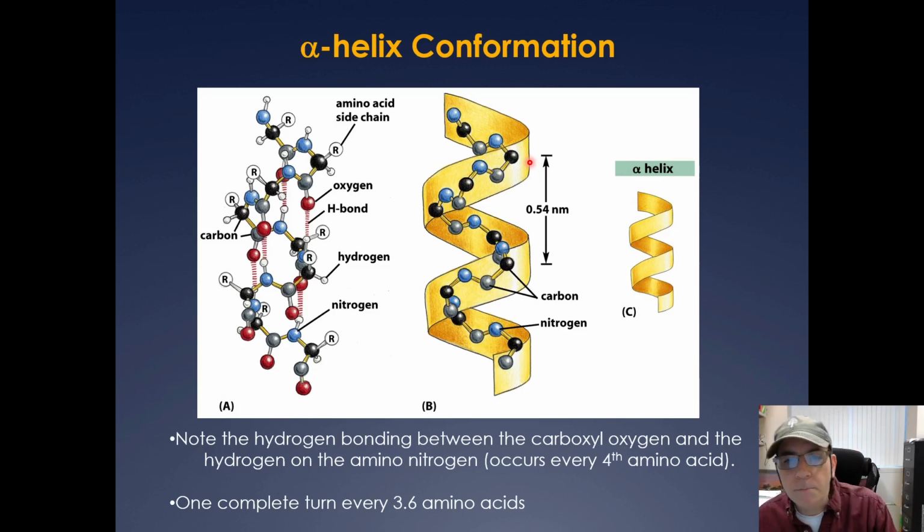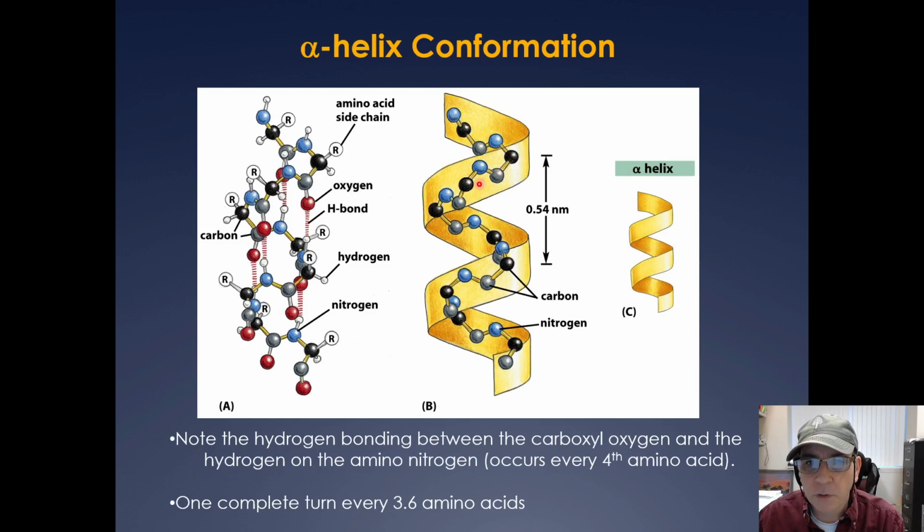Some of the major structural conformations that occur in proteins are the alpha helix. This is one of the major ones. The other is the beta sheet, which we'll cover in just a second. Here you can see the alpha helix, and what you have is the amino terminal end, and then here is the oxygen on the carbon as it's going through, and the black here is the C alpha carbon with the R group coming off.